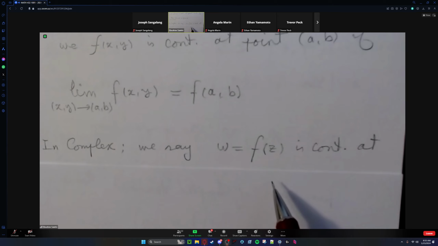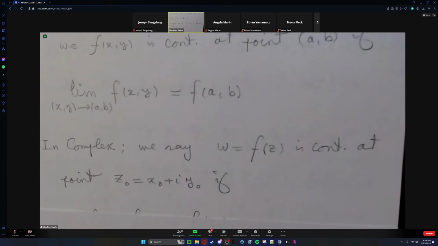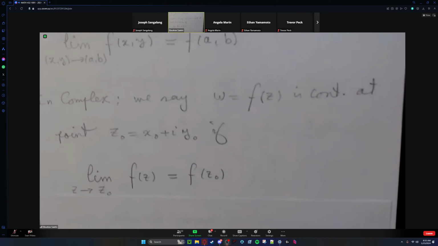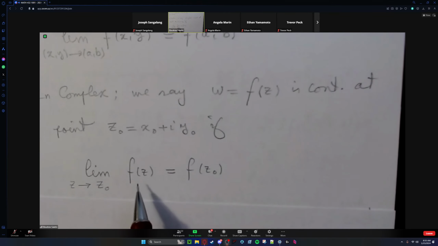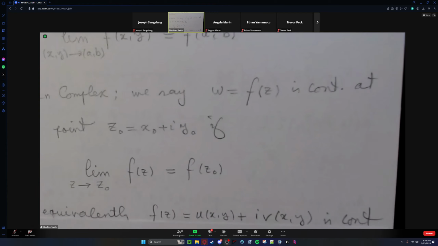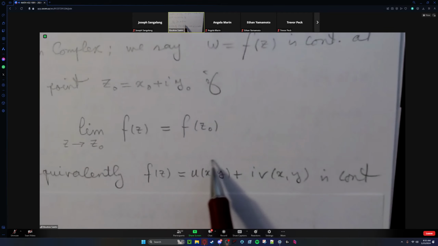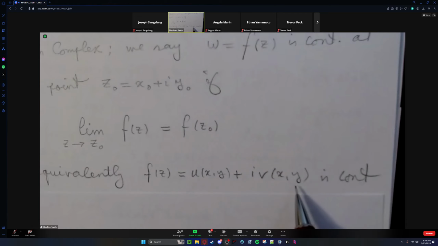Because of the same inequalities that I explained earlier, the continuity of this function has the same definition. You take the limit, it exists and is equal to the value of the function at that point, the same exact definition. However, if we do this, the continuity of this function will transfer to the continuity of the real part and the imaginary part.